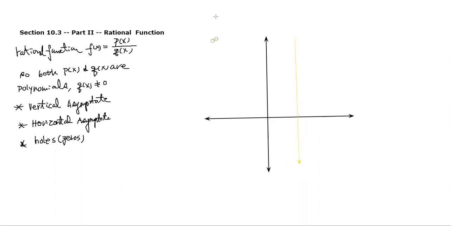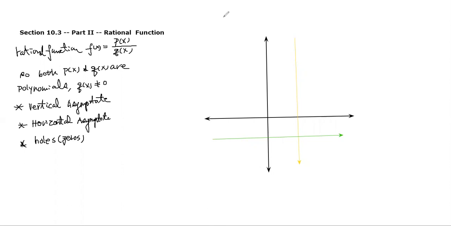Now, if we take a look here, if I have a graph of f(x), the yellow lines here we are calling the vertical asymptotes.